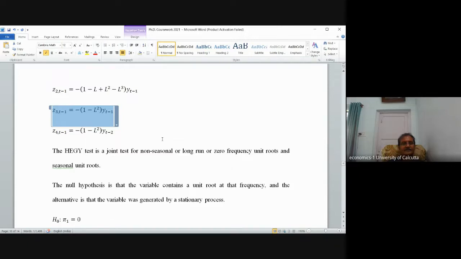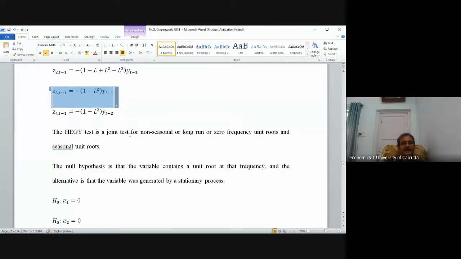Okay. So in this way, in the HEGY test, you can consider different forms of the unit roots in a seasonal series.